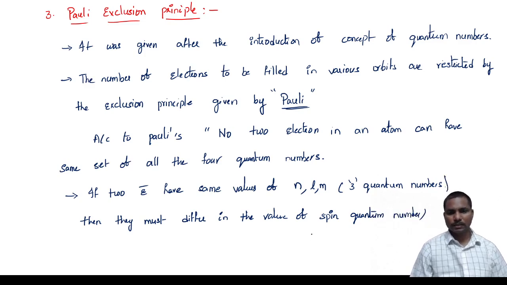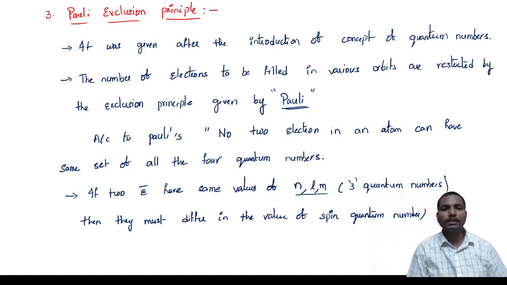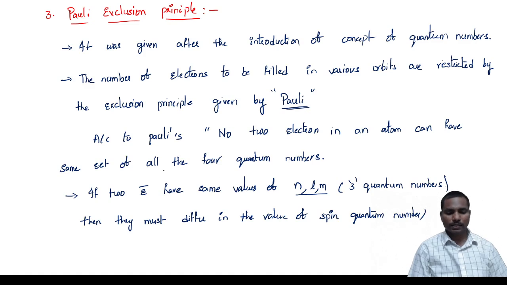So in any atom, if electrons have the same values of principal, azimuthal, magnetic quantum numbers, the fourth quantum number must be different. That is given in Pauli's exclusion principle. Okay, so while discussing the MCQs, you will get an idea about what question you are getting.